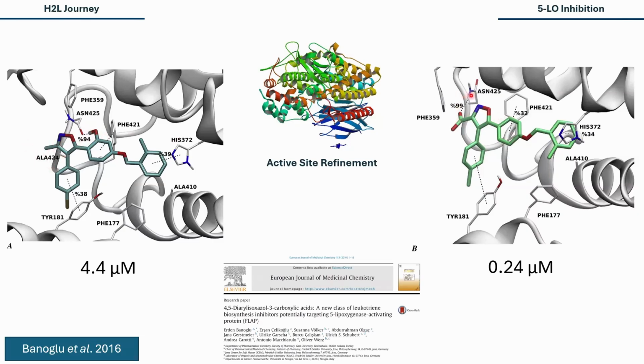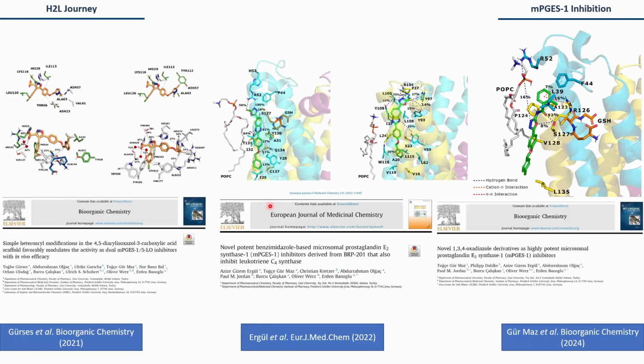Then this interaction occurred with asparagine 425, and we were able to improve the activity in this way. As I said, we tuned the structure of the isoxazole derivative, and we achieved both FLAP and 5-lipoxygenase inhibition.